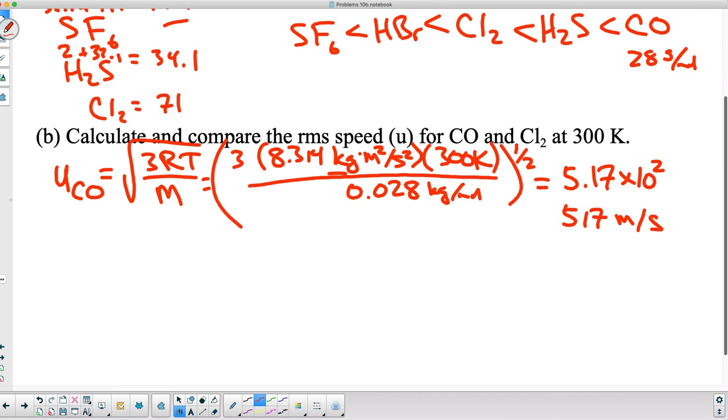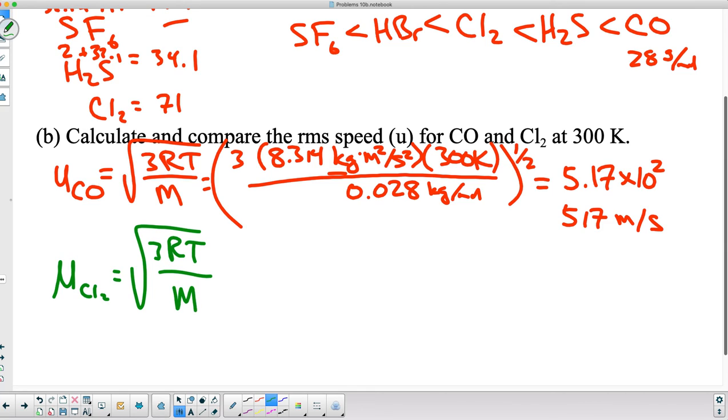So let's go through the next one just a little bit quicker. We'll find U for Cl2, and that's going to be the same thing, 3RT over molar mass equals, and then the 3 stays the same, the 8.314 stays the same, the 300 stays the same, like this.